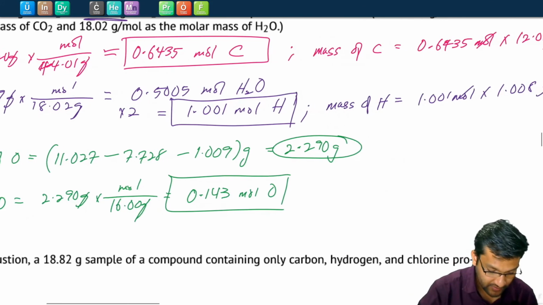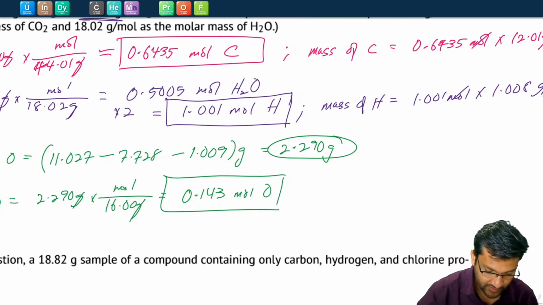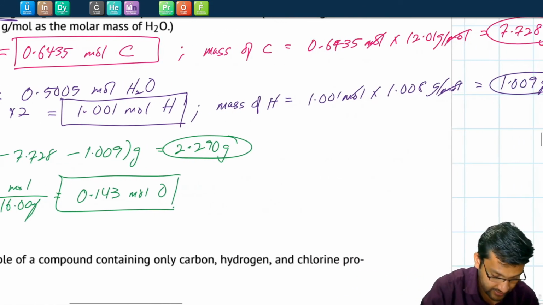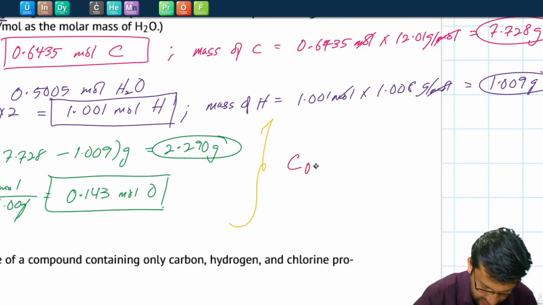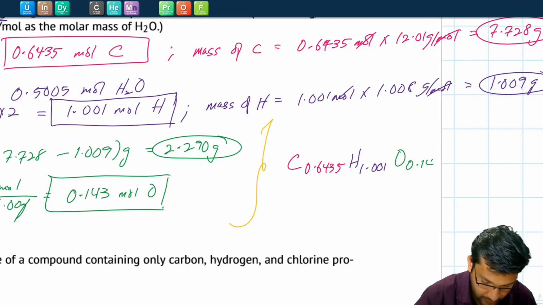Now we have our moles of carbon, moles of hydrogen, moles of oxygen. We can go ahead and write our formula, or pseudo-formula. So carbon, number of moles is 0.6435. Hydrogen, number of moles is 1.001. And oxygen in this example, number of moles 0.1431.